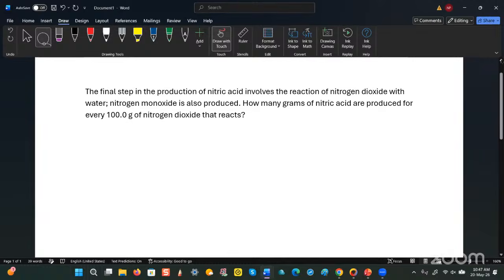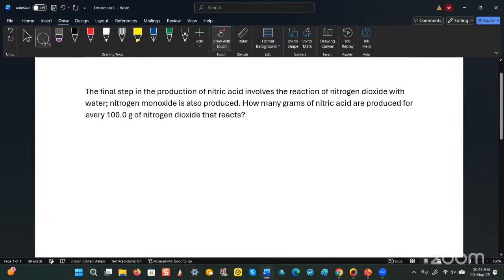So in some cases, you might be given a balanced equation that makes your life a lot easier. In some cases, you might be given an unbalanced equation, in which case you have to balance it. And yet in other cases, as in this case, you might be given a description of the reaction in words. And based on that information provided, you have to figure out what the balanced equation is, right?